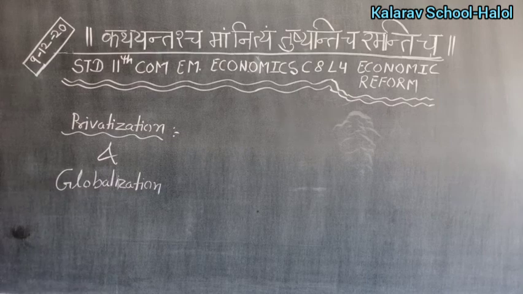If the government holds 51% of the share capital, then you can say the ownership is with the government and the management with the private sector, and many times it has become vice versa. Management is in the hands of the private sector and the government acts as a partner, meaning the government enjoys the profit in that. Is it clear?